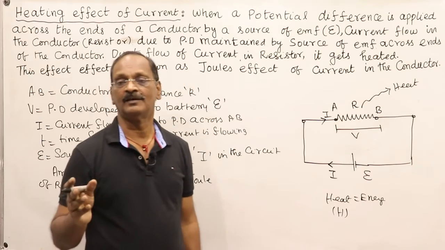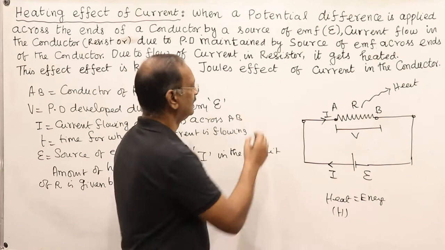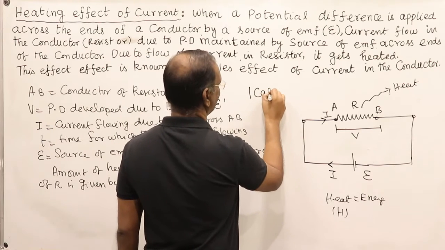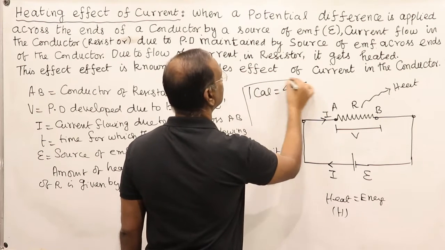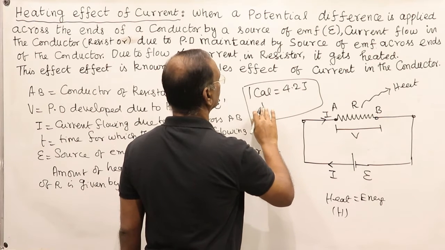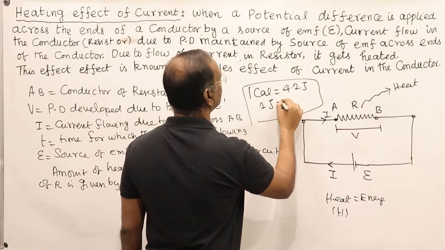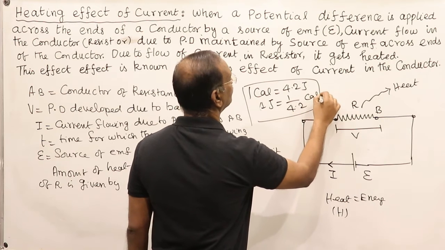Now, sometimes in calculations we use calories. So 1 calorie is equal to 4.2 Joule. That is, 1 Joule is equal to 1 by 4.2 calories.